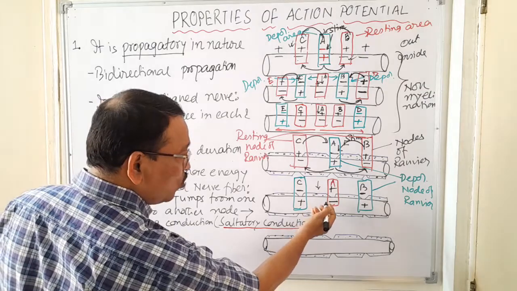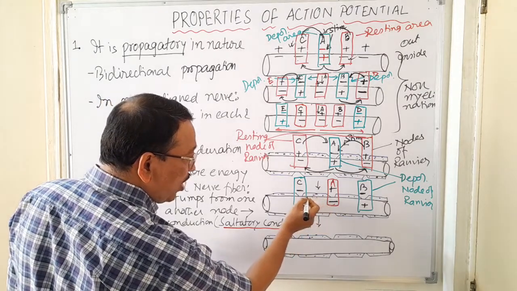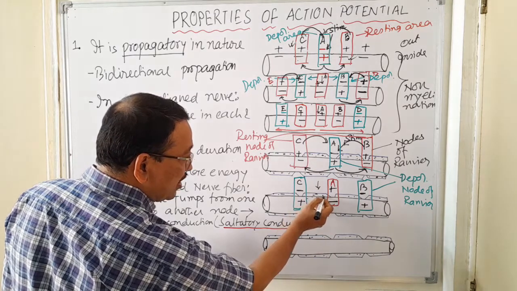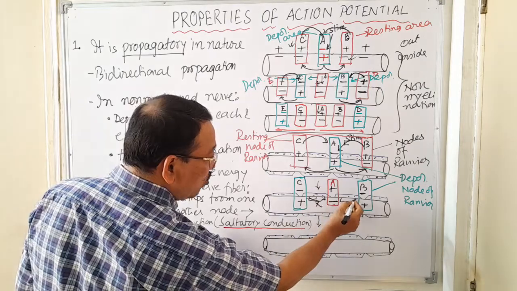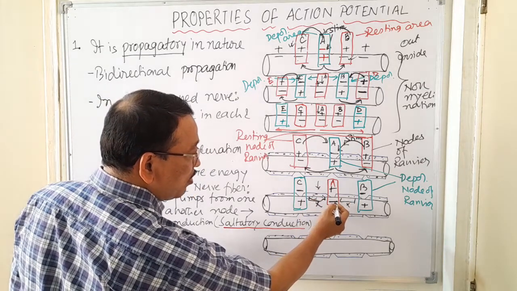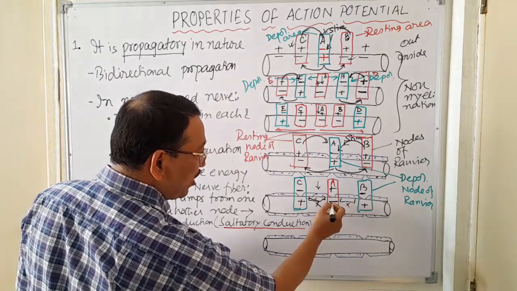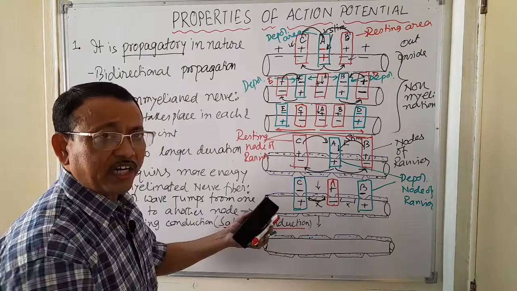There is no need to pass the depolarization through each and every point of the nerve fiber. So at this part, no action potential is created. A depolarization wave is not passed. The depolarization wave is passed from A to B or A to C. So this area is getting avoided.